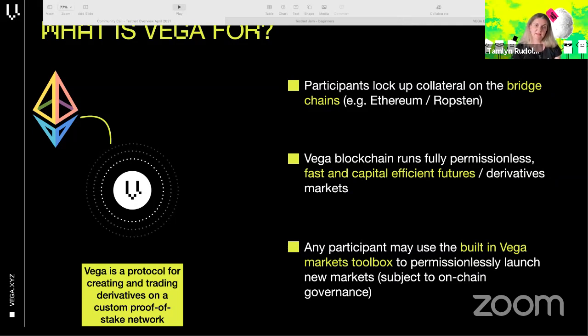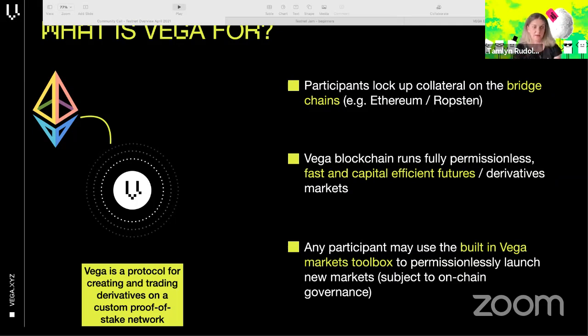And that leads to the next point, that what the Vega testnet also showcases is that any participant may use the built-in permissionless markets functionality toolbox to propose, create, launch, run and operate new markets on anything. When I say on anything, what I mean is cash settled futures markets are settled using data at a point in time.